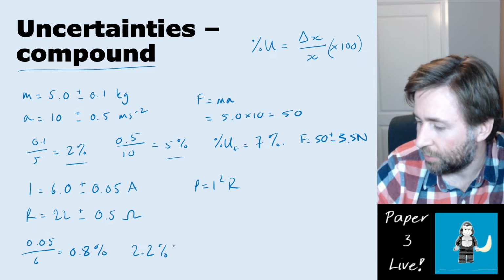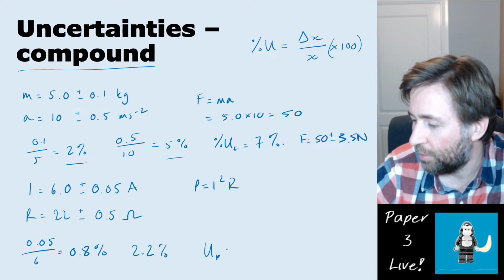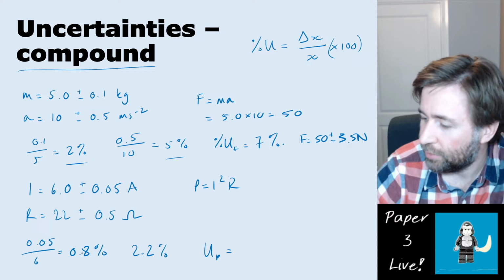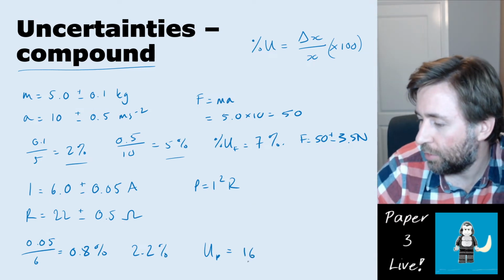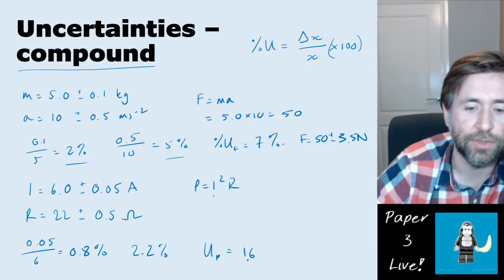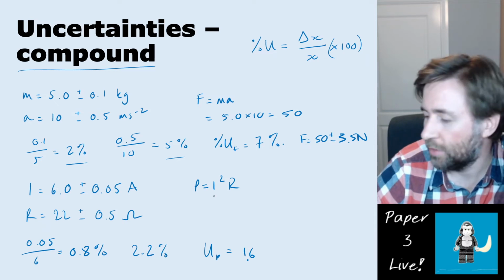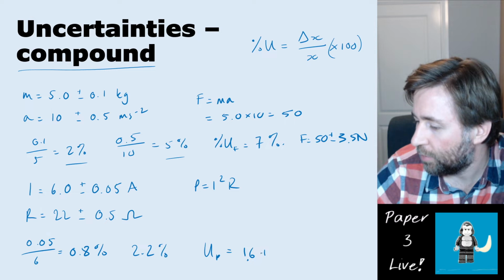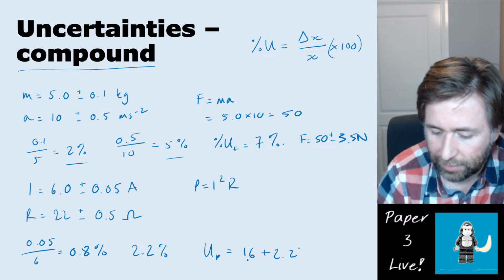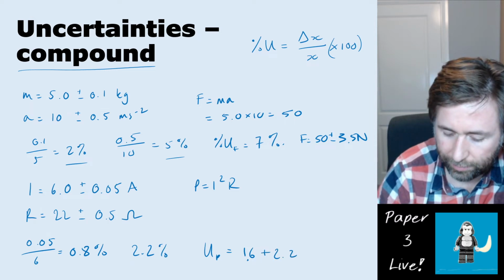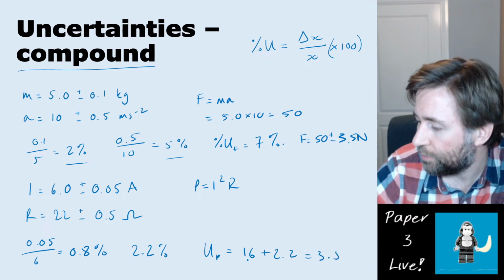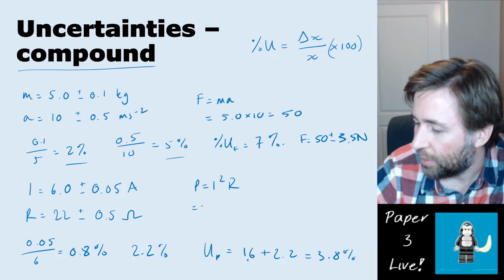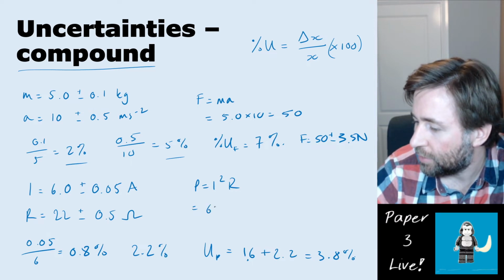Okay, so total percentage uncertainty in power is, well, twice the current, so 1.6%, because you've squared the current, so it's like using the current twice. 1.6% plus 2.2 gives you, whatever that is, 3.8%.